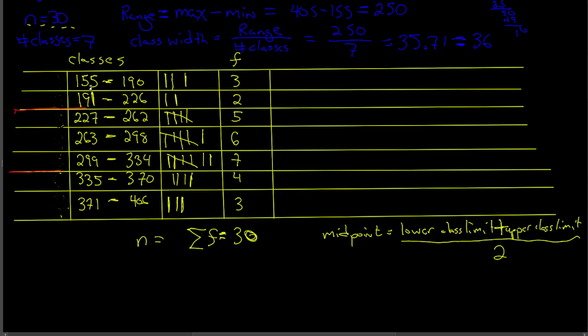So we take the 155 plus the 190 and divide the answer by 2. So the midpoint, and I'm just going to abbreviate that as midpoint 1 for my first class, is 155 plus 190 divided by 2. And 155 plus 190. Whoops.